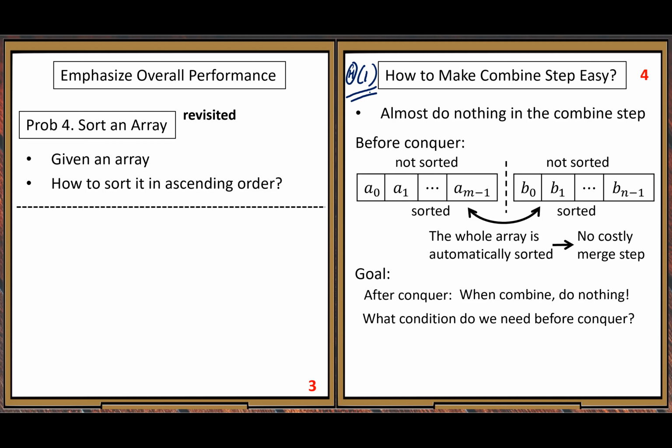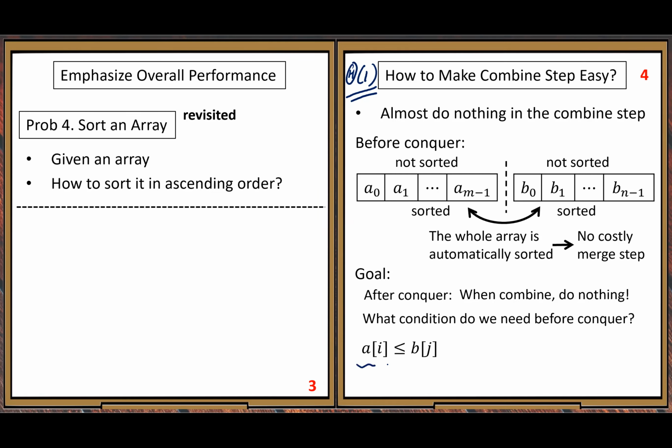Think about the order information. We need to consider some special order information on two subarrays of our data. So here the condition is very simple.